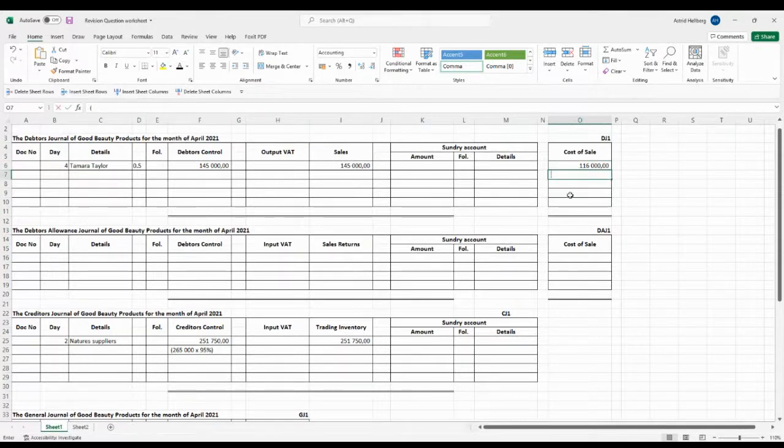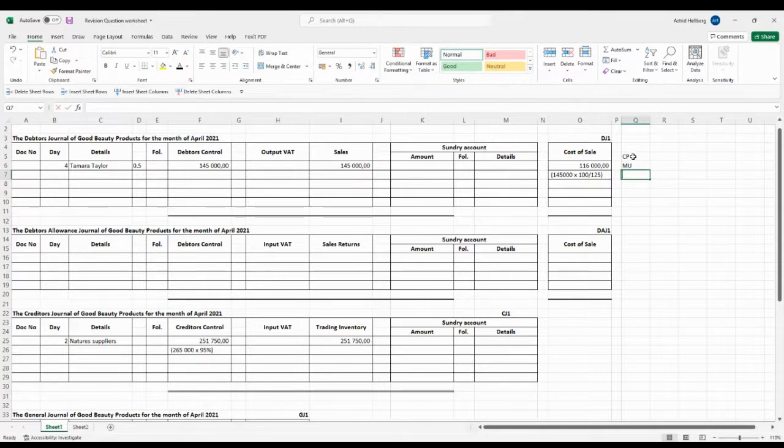how we work it out is we take that 145,000. Just going to unhide it here. Okay, so the 145,000. We said markup is 25%. So we want to know what the cost is, which is 100 over 125, will give us the 116,000. Okay, so let's just type this in here again.